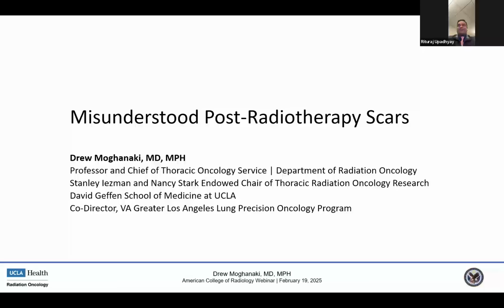Everyone is excited to hear results of this study, which is comparing SBRT with surgery for operable stage 1 lung cancers. I'm going to hand it over to him for the first talk of the day, which is to discuss misunderstood post-radiotherapy scars.